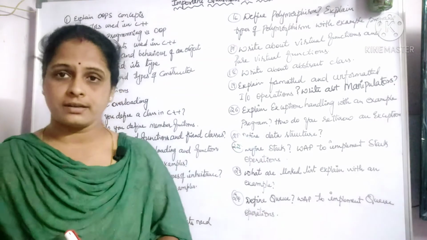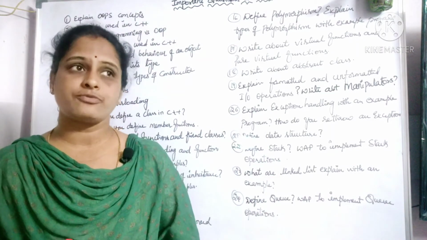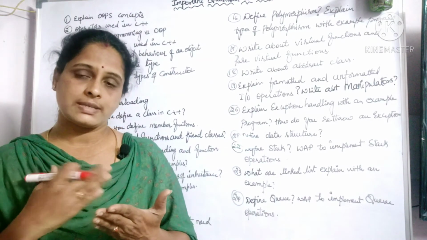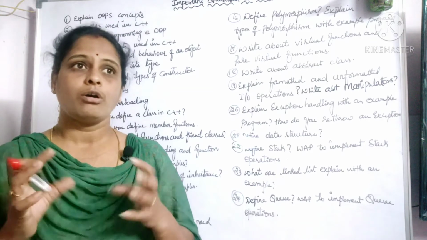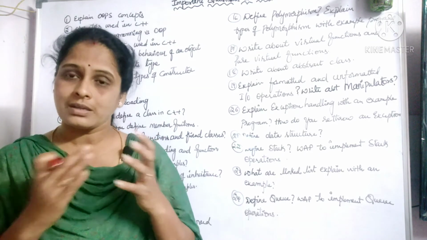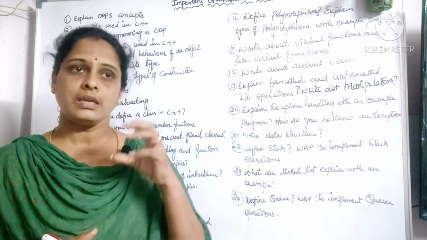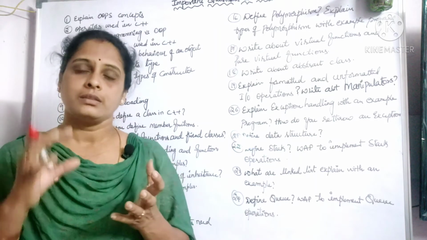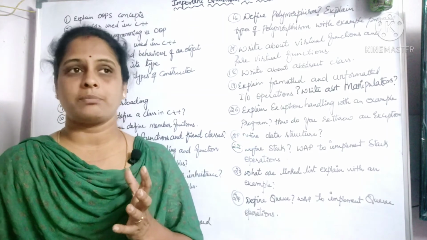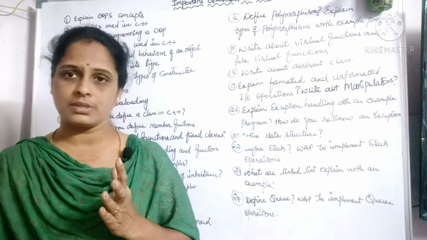Coming to the next one is linked list. A linked list is of course a linear data structure, but all the elements are not stored in continuous memory locations. They are scattered throughout the memory, and each element has the address of the next element. That means pointers point to the next element.